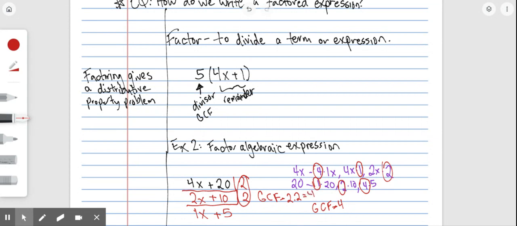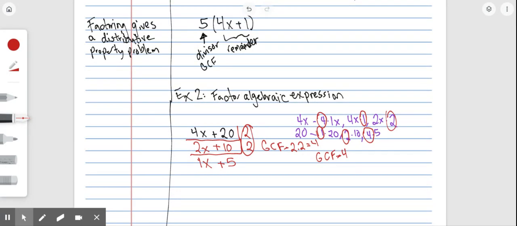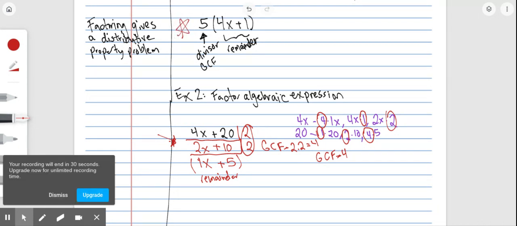Notice either way gets me the GCF, but if I do it with the ladder method, then I also can easily find the component that goes inside, or the remainder. Okay. So if I want my expression to look like this one up here, the ladder method is an easier way for me to find the new expression.